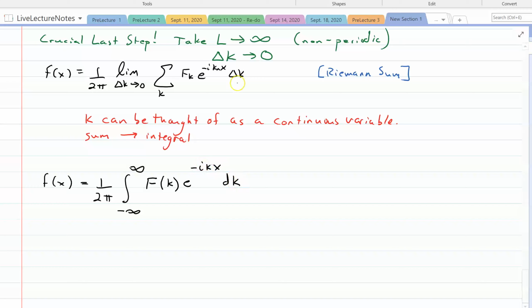Instead of delta k, when I go to integration, it was dk. This F is what we call the Fourier transform. This is the Fourier transform of f of x.